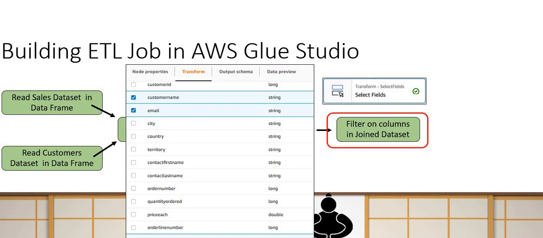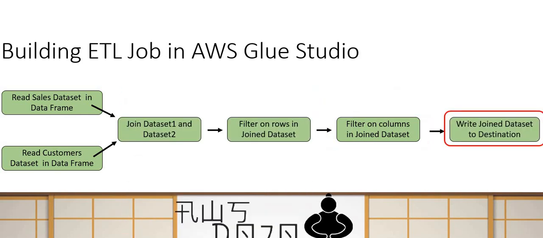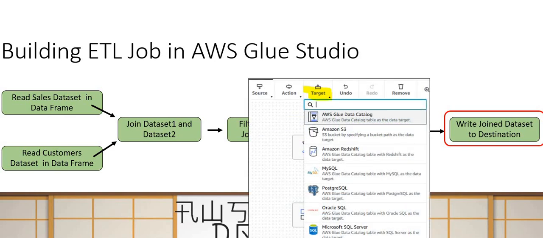So these two transformations of row level and column level filtering in this example give me my desired data set, which I want to simply write to the output location. Having got that, now my requirement is simply to write this data to some destination location, and for that I can use my target nodes, where I can choose a location which could be anywhere from catalog to S3 bucket to Redshift to a JDBC endpoint.